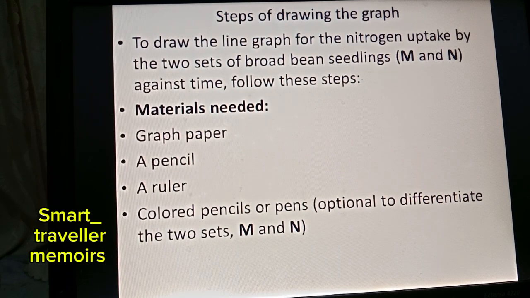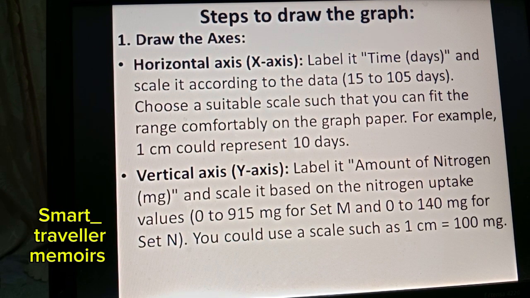To draw the line graph for the nitrogen uptake by the two sets against time, follow these steps. Materials needed are graph paper, a pencil, a ruler, and colored pencils or pens to differentiate the two sets. Draw the horizontal axis.